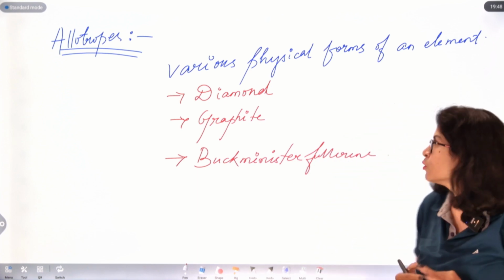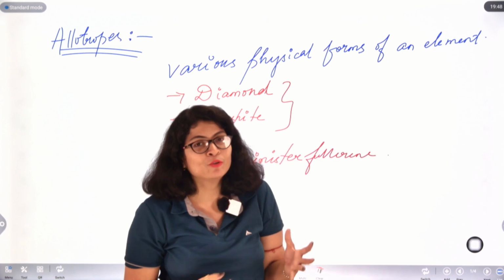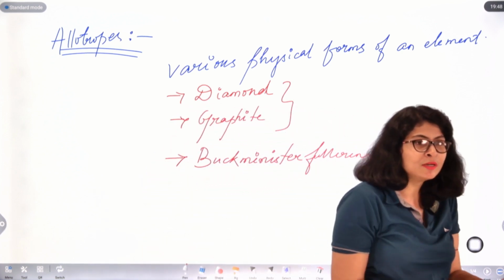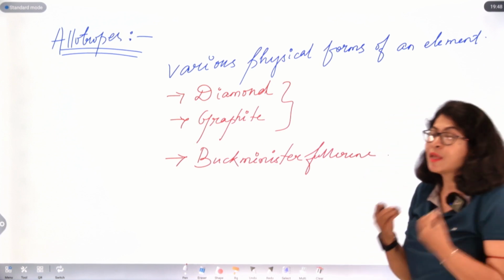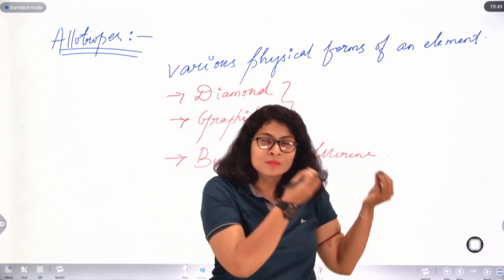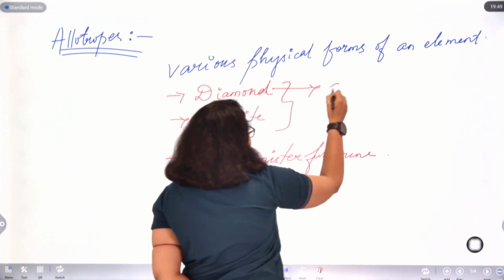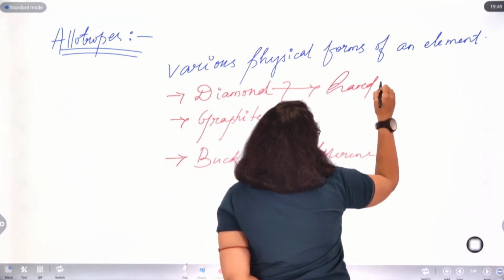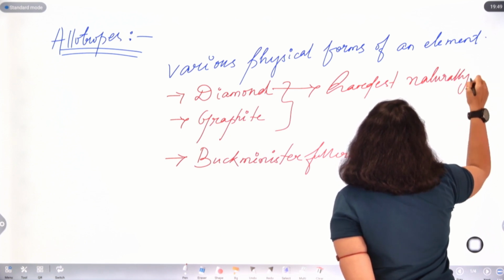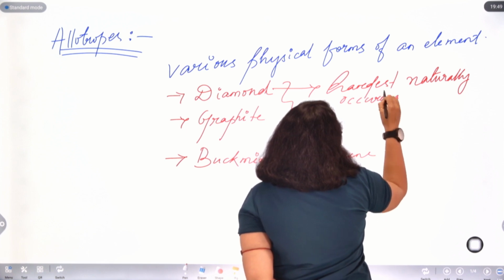So carbon basically exists in these 3 allotropic forms: diamond, graphite and Buckminster Fullerene. You were aware of diamond and graphite, like in some part of your life, here and there you might have heard about these, right? So what is diamond? Diamond is the hardest naturally occurring element.